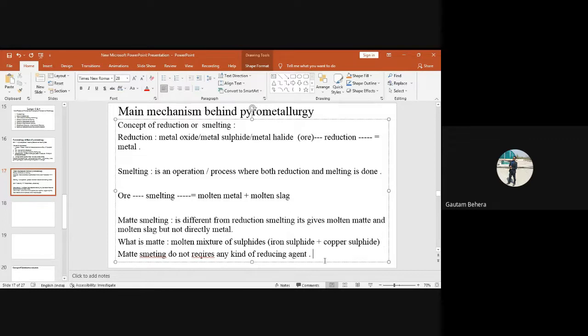But in reduction smelting, we always need a reducing agent, like carbon or any metal. In matte smelting, the sulfide itself acts as a reducing agent. Okay, so I think up to this it is clear what the difference is between reduction smelting and matte smelting, right?